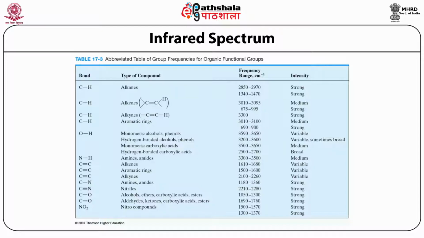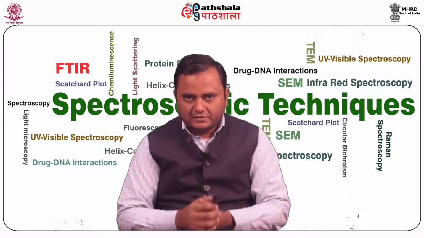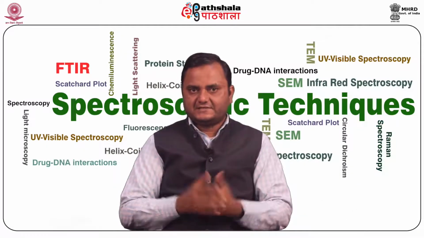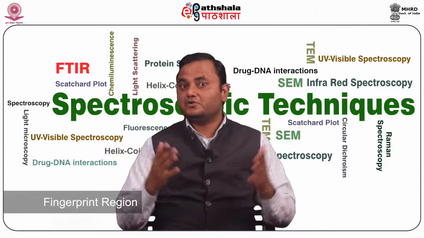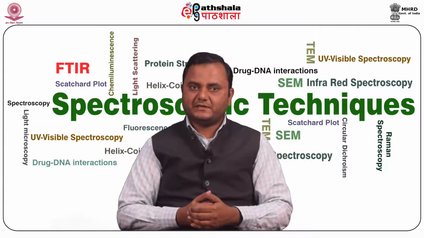And the CO double bond in the aldehyde, ketone, carboxylic acid and ester, a strong peak at 1690 to 1760. And for the nitro compounds, you get a strong peak at 1500 to 1570 and 1300 to 1370.